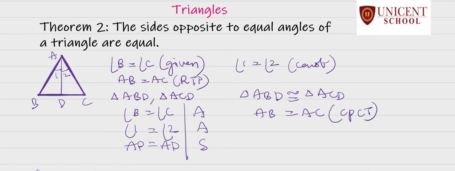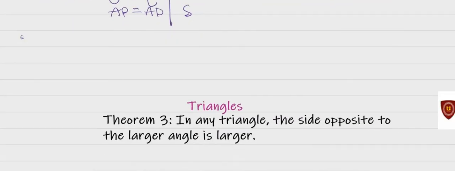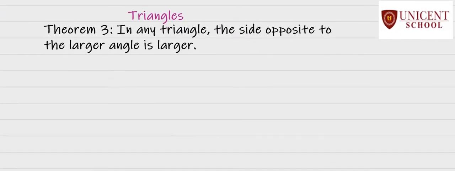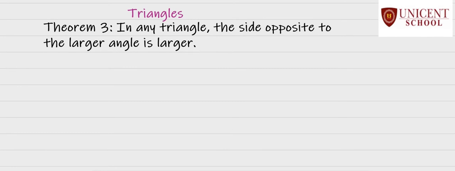Now let's see the third theorem statement. The third theorem states that in any triangle, the side opposite to the larger angle is larger.